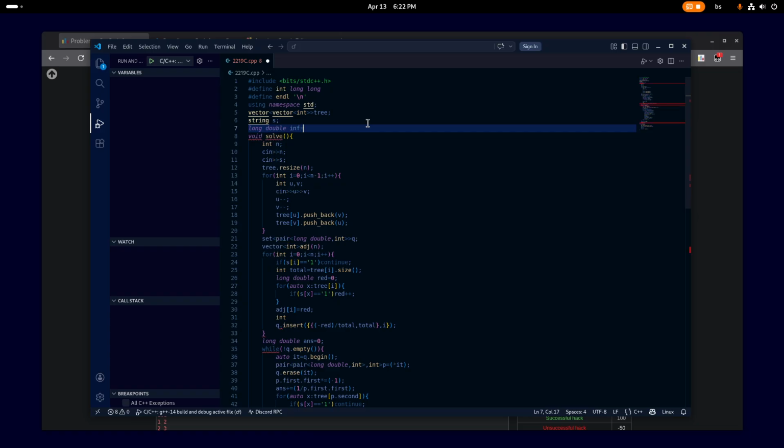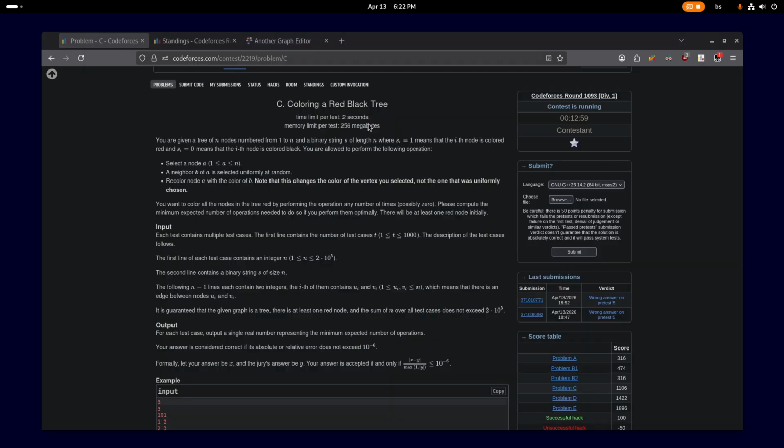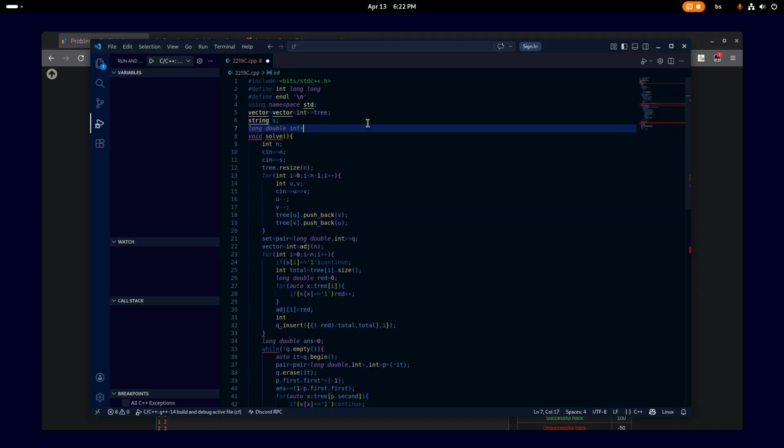And there will always be some number like less than infinity. I'll put it to be like something huge.